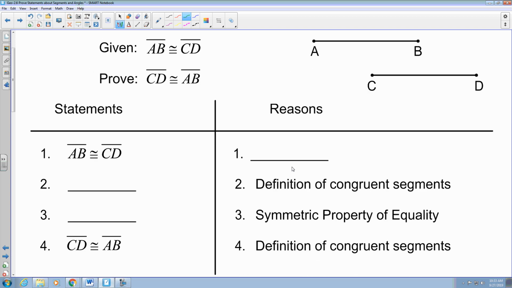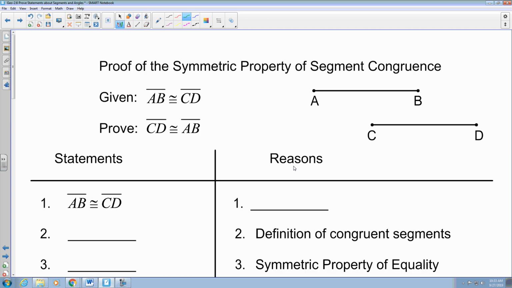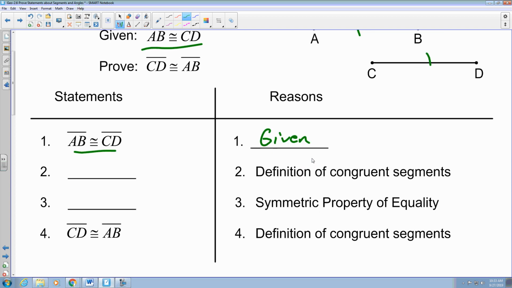Okay, so in this one, we're going to use the symmetric property to show that the segments are congruent. Here, they're telling you that AB is congruent to CD. We can put hash marks there to help us out. That is given to us from right there. The next thing is dealing with the definition of congruent segments. When segments are congruent, they are also equal to each other.